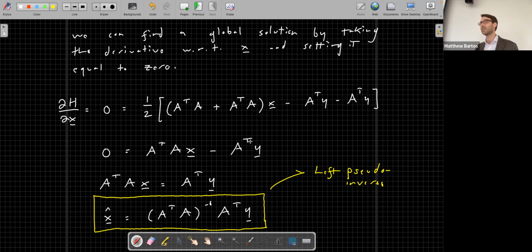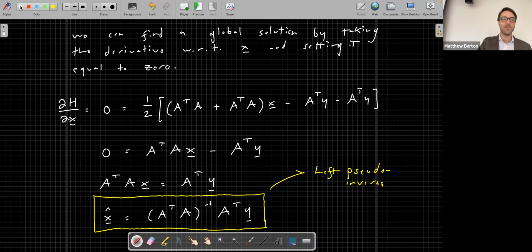But yes, it is possible to come up with a generalized pseudoinverse that works even if A transpose A isn't full rank. And as we saw before, that can occur if there are linearly dependent rows or columns in our tall A matrix.